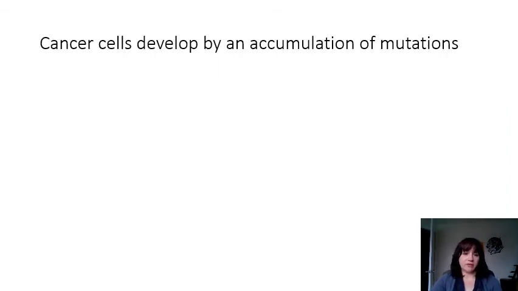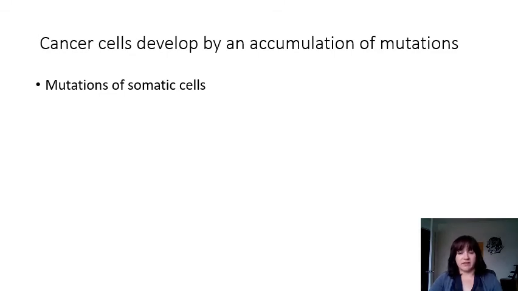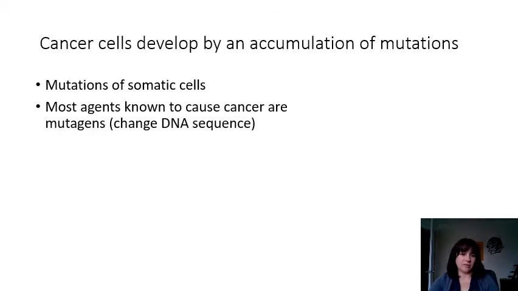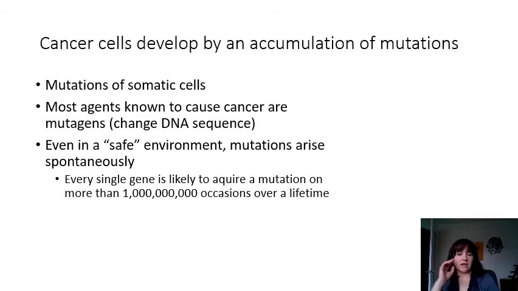So how do cancer cells develop? Often it is not a single mutation that causes cancer, but an accumulation of mutations. We know that things that cause mutations are called mutagens, right? And even without mutagens, you can have mutations arise.